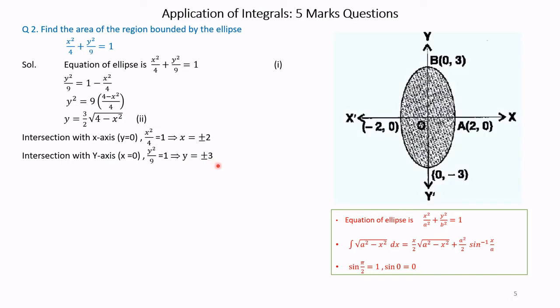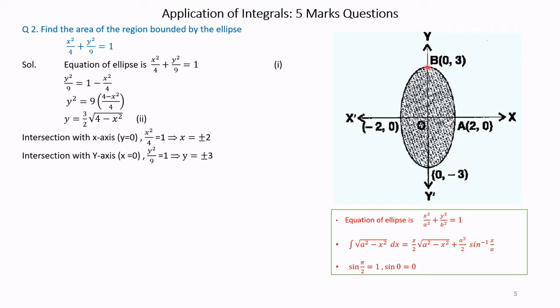So we will draw the ellipse. The ellipse is drawn here. The coordinates of A are 2 and 0 in the positive direction. When x is 2, y is 0, minus 2 and 0. And y is 0, minus 3 in the negative direction and 0 plus 3.